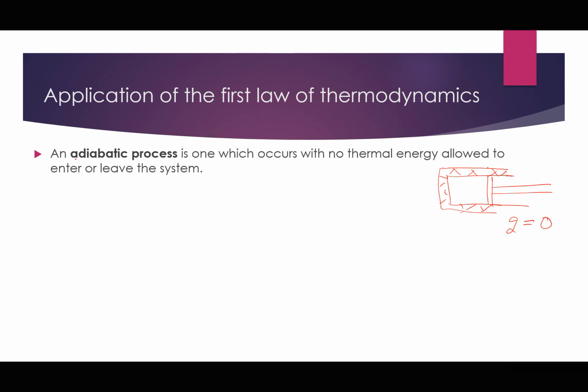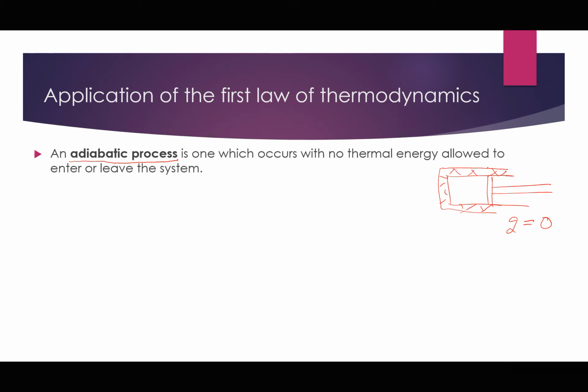A thermodynamic process which occurs with no thermal energy allowed into or allowed to leave the system. No thermal energy, no heat enters or leaves the system. Such a process is said to be an adiabatic process.